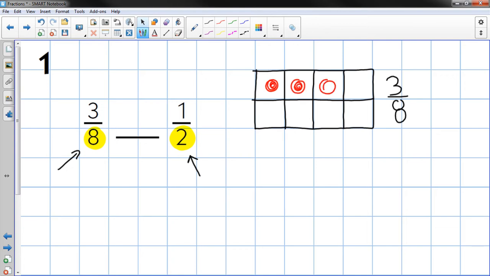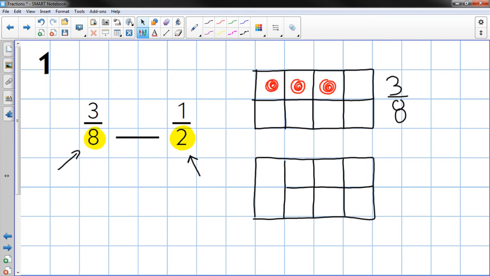So that's 3/8. And down below, I'll make another rectangle, and what's important in fractions, visually as well as the fractions themselves, is that the size of the rectangle, the number of pieces that make up the whole thing, that they're equal before you can really compare them.